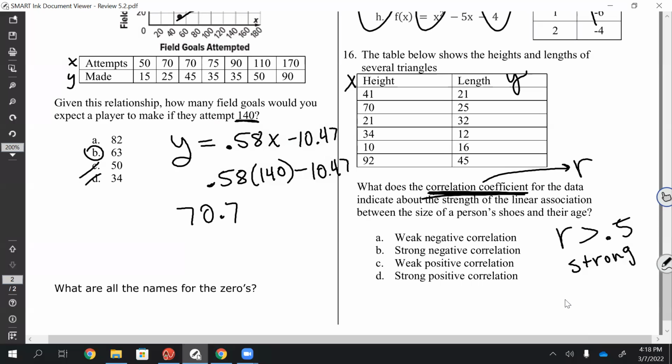If your R is less than 0.5, it would be a weak correlation. And then if it's positive or negative, you would look at the sign on it.